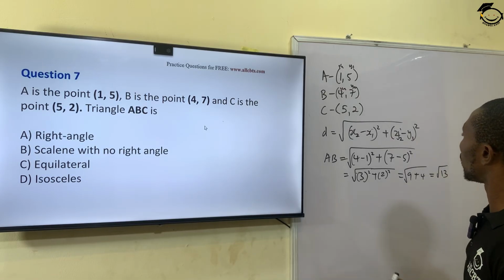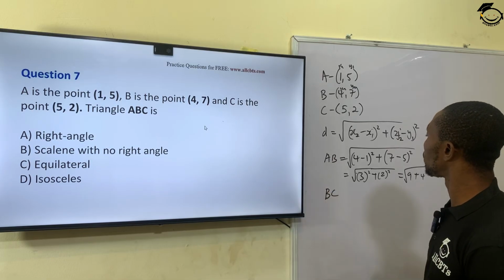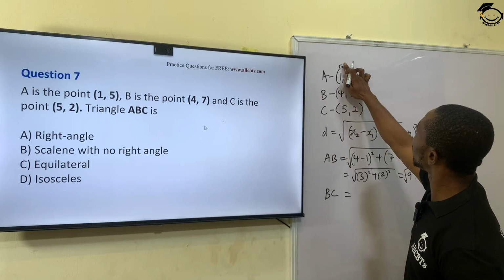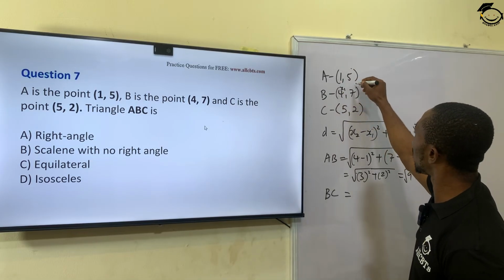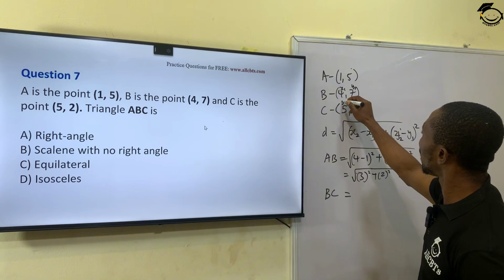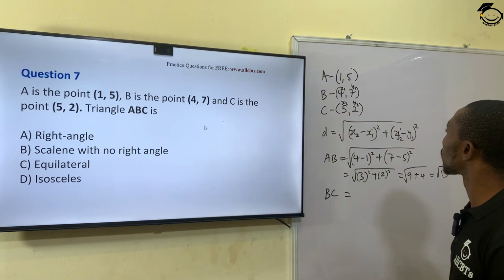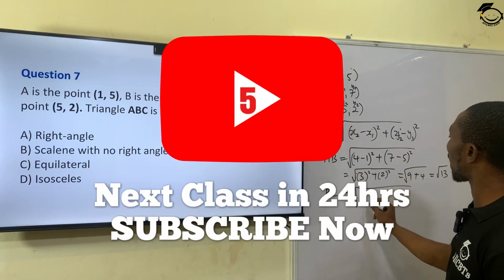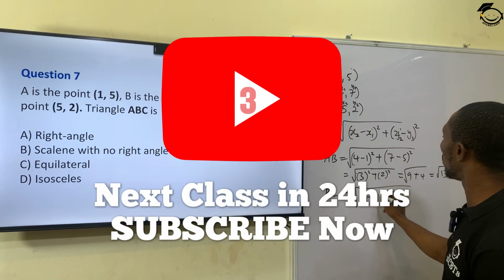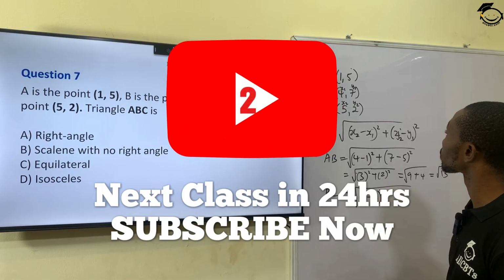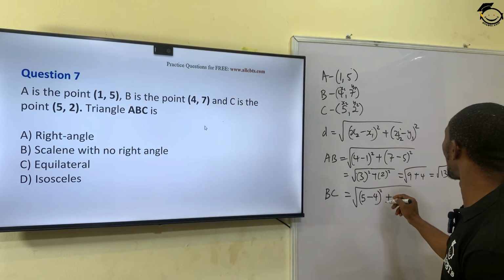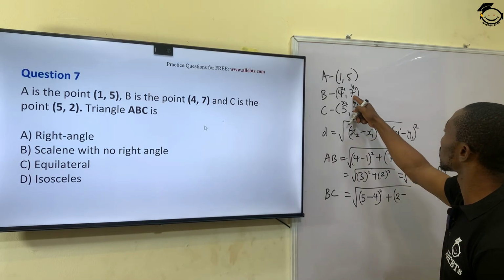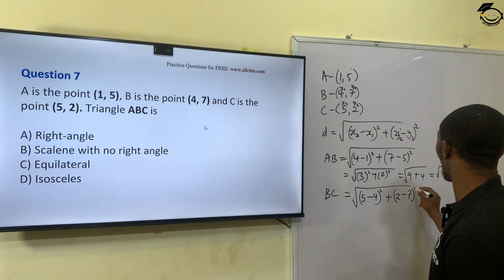Now for BC, this will become our x1, y1, x2, y2. So we would have x2 as 5 minus 4 all squared plus our y2, 2 minus 7 all squared.